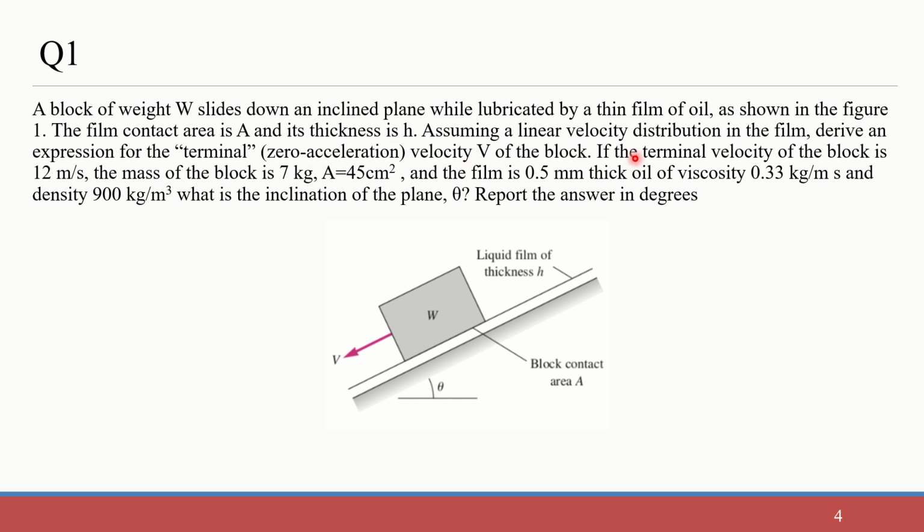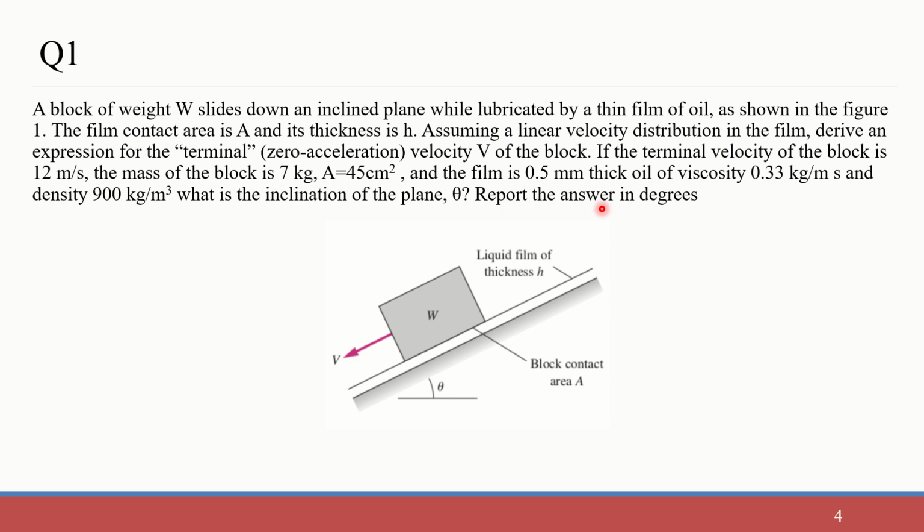If the terminal velocity of the block is 12 meter per second, mass of the block is 7 kg, area is 45 centimeter square, and the film is 0.5 mm thick, oil of viscosity 0.33 kg per meter second, and density is 900 kg per meter cube, what is the inclination of the plane theta? Report the answer in degrees.